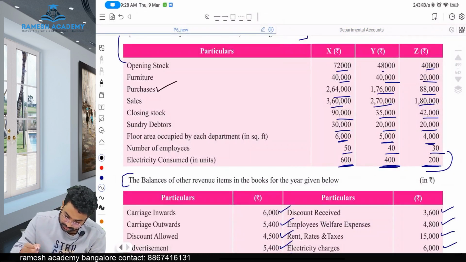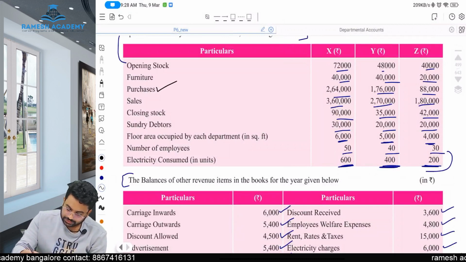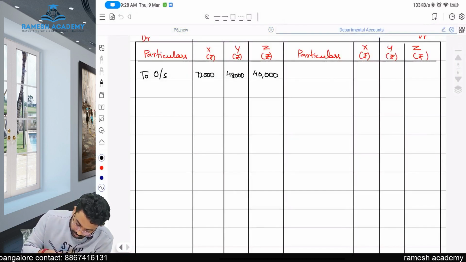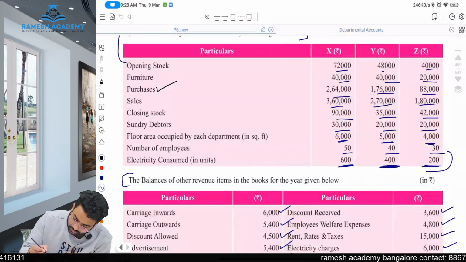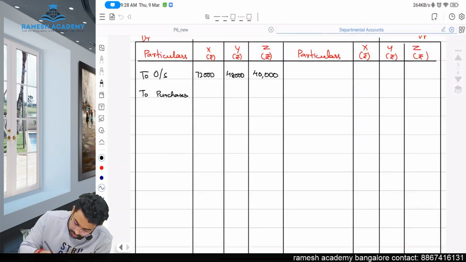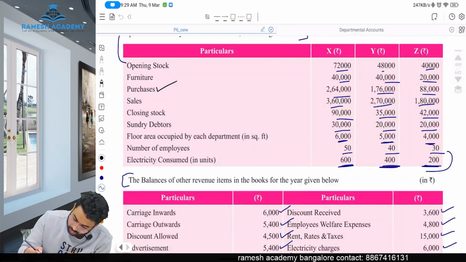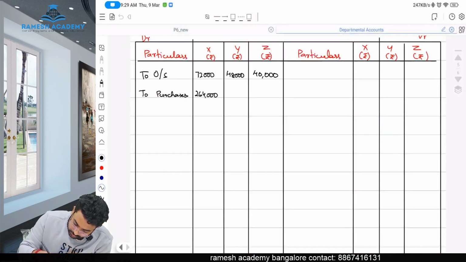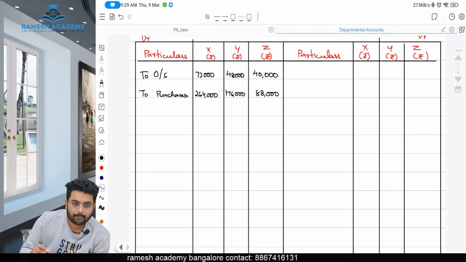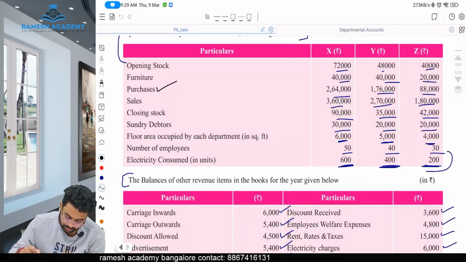Next, there are purchases: 264,000, 176,000, 88,000. Okay sir, done.